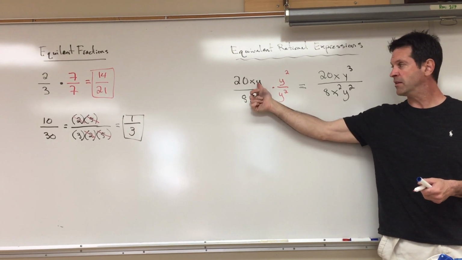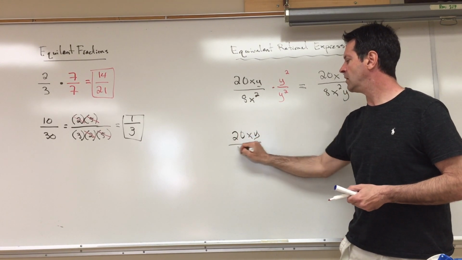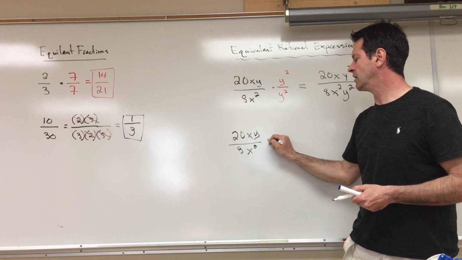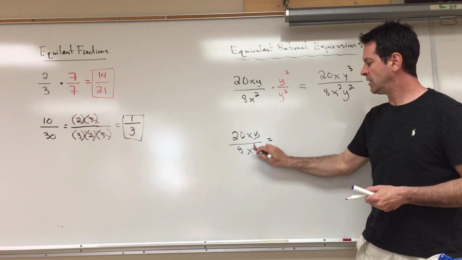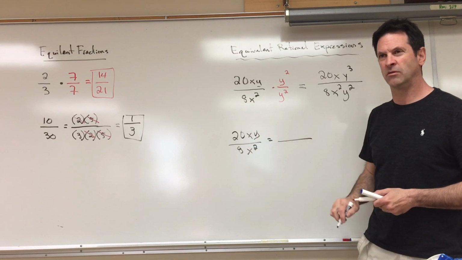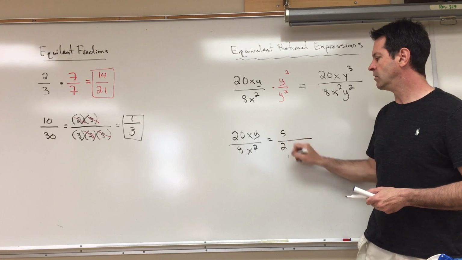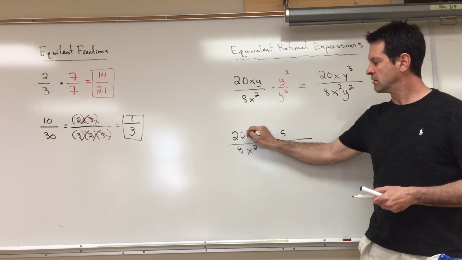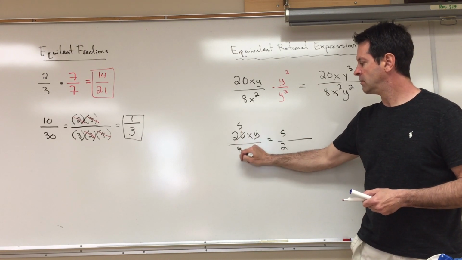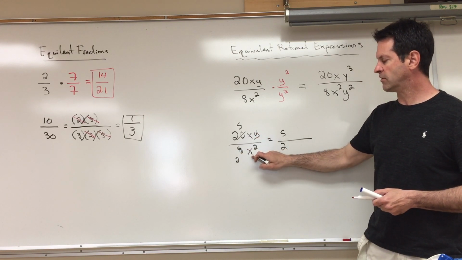Or I could have simplified this one. 20xy over 8x squared. Well, 20/8, what does that reduce to? I think you could take out a 4 from both of them. That reduces to 5/2. And I have an x in the top and x squared in the bottom.